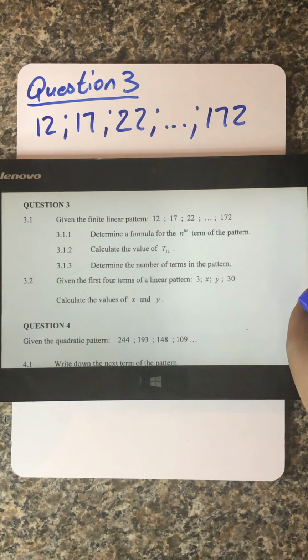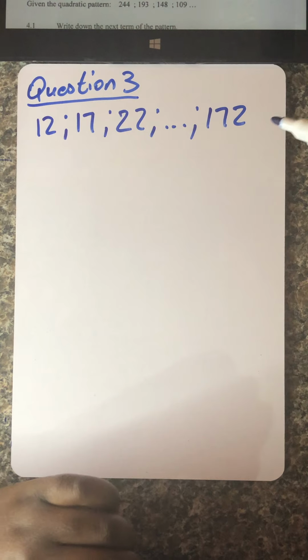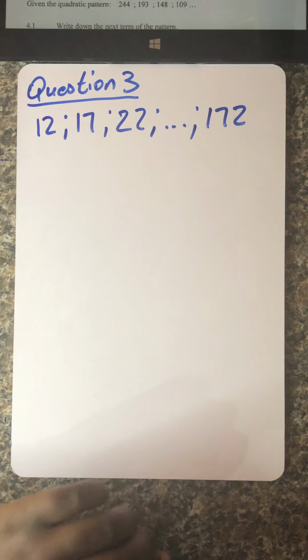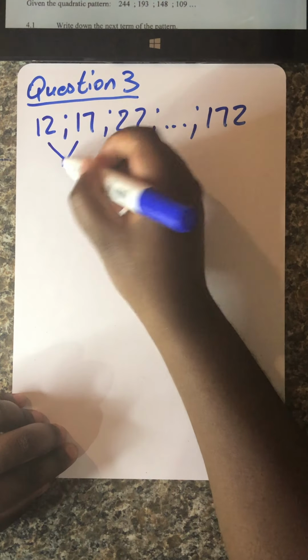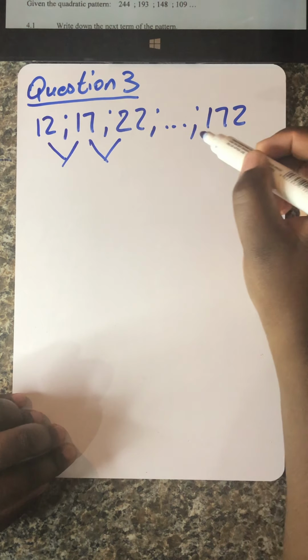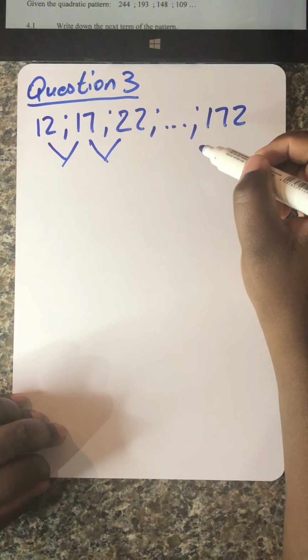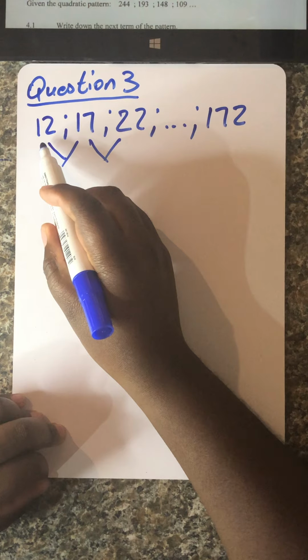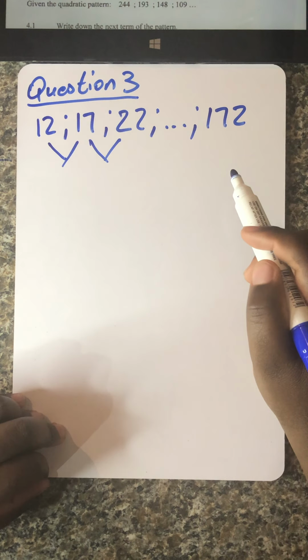Okay, so ladies and gentlemen, assuming that we're not told that this is a linear pattern, before I even start with the questions, I try to find out the type of that sequence.